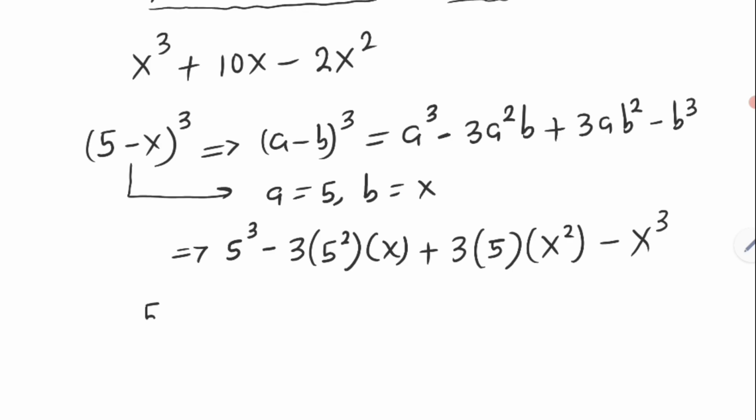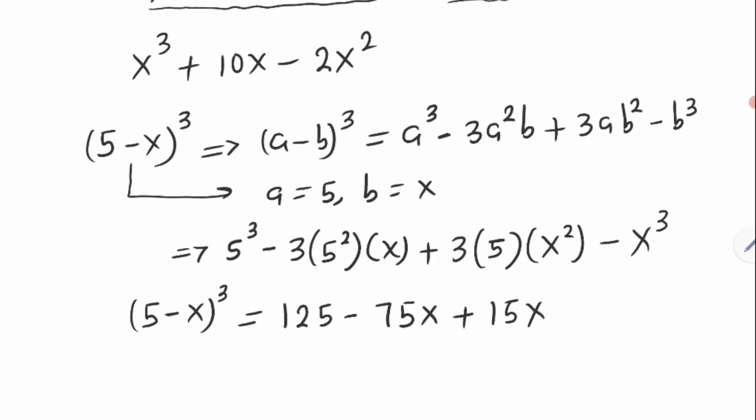Then 5 minus x raised to power 3 is equal to 5 raised to power 3. This is 125 minus 5 squared, that is 25 times 3, that is 75 times x, 75x, plus 3 multiplied by 5, that is 15 times x square, 15x square minus x raised to power 3.